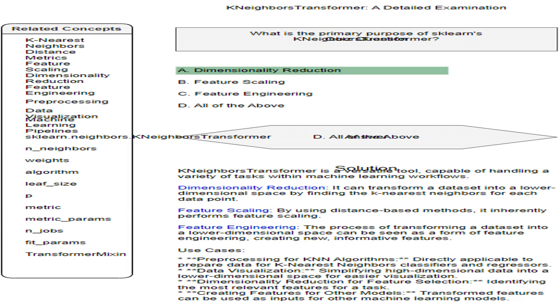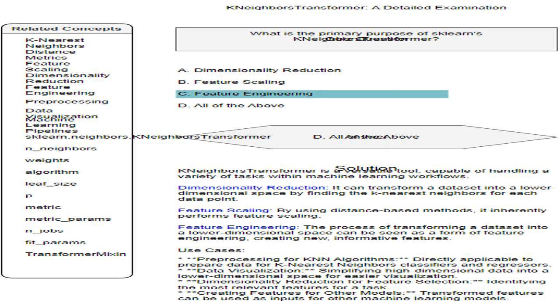Feature engineering transforms raw data into features that are more informative and beneficial for machine learning models. This can involve creating new features from existing ones, combining features, or encoding categorical variables. K-neighbors transformer implicitly performs feature engineering by creating new features based on neighborhood relationships.